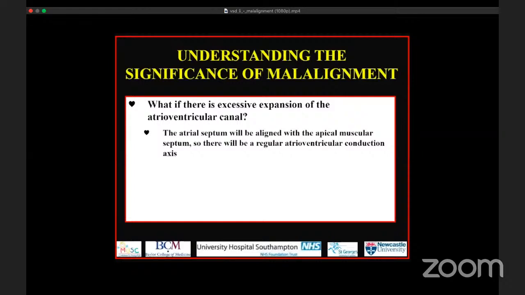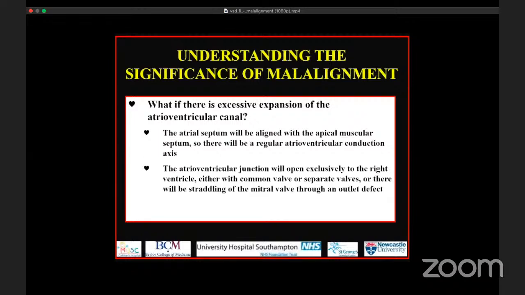And then, because there is excessive expansion, the atrial septum will have been aligned with the apical muscular septum, so that will give us a regular atrioventricular conduction axis. The excessive expansion, however, means that the atrioventricular junction will now be opening exclusively to the right ventricle.